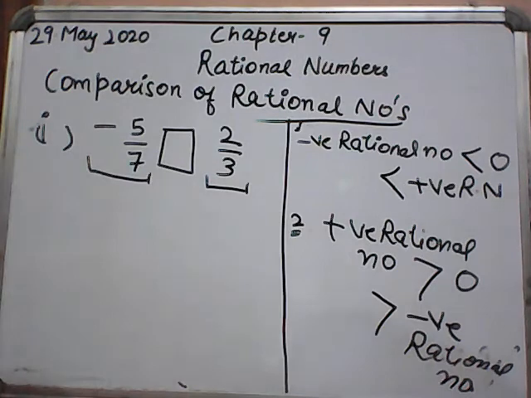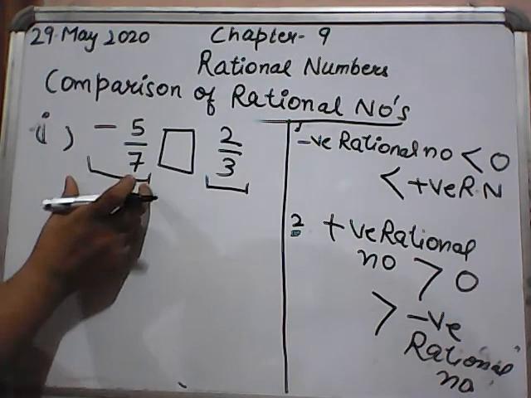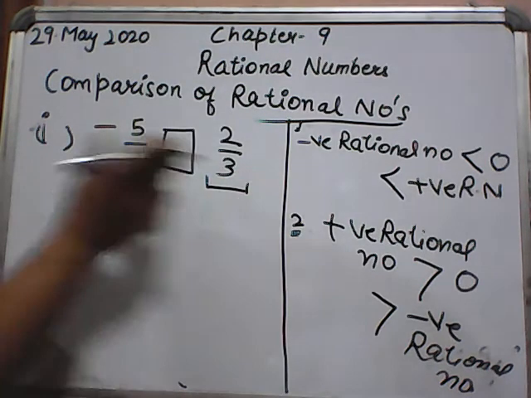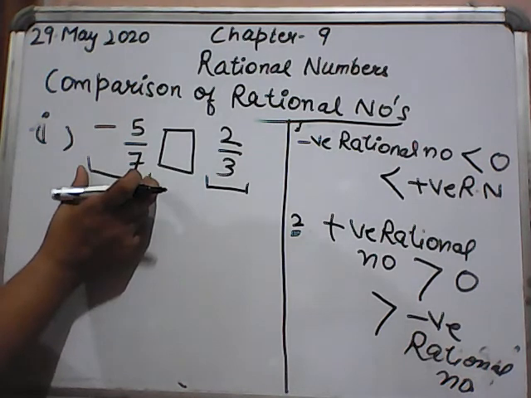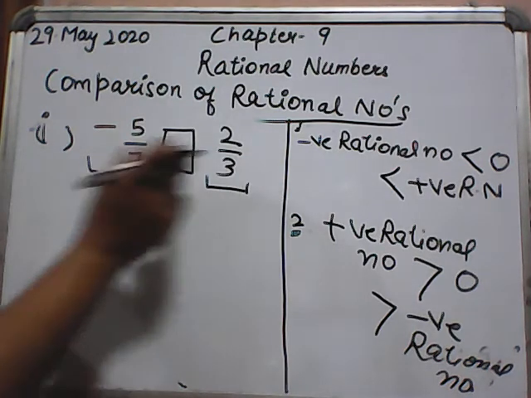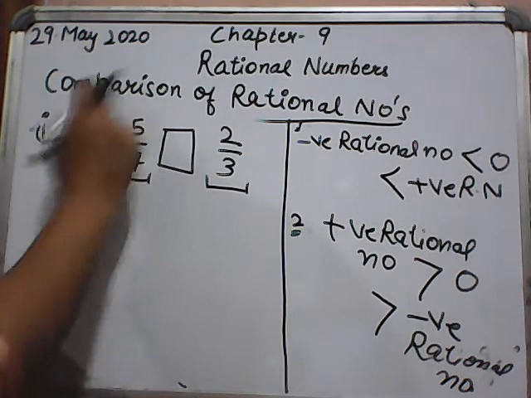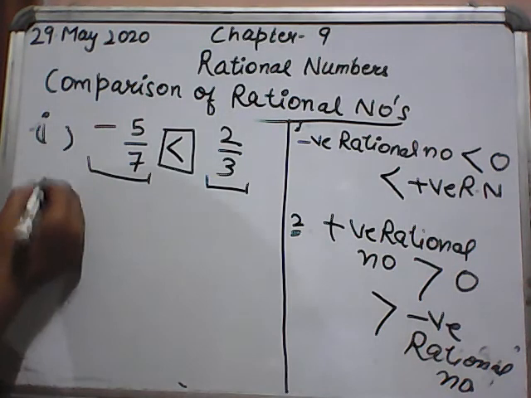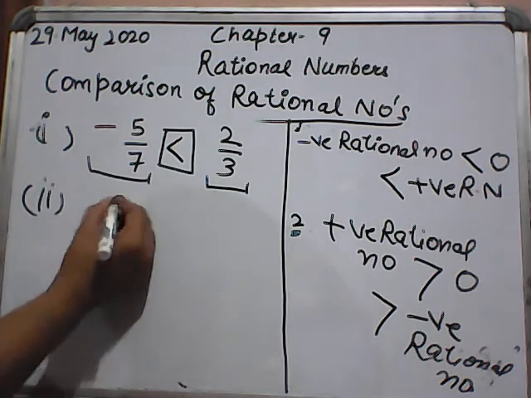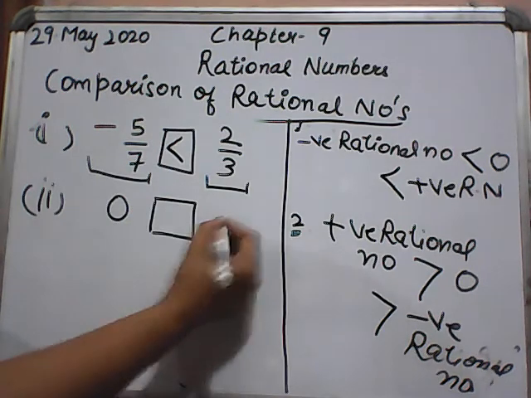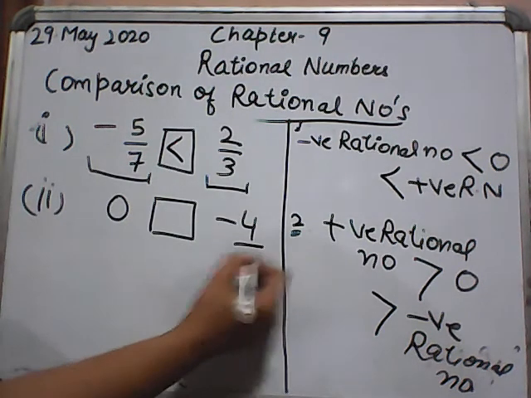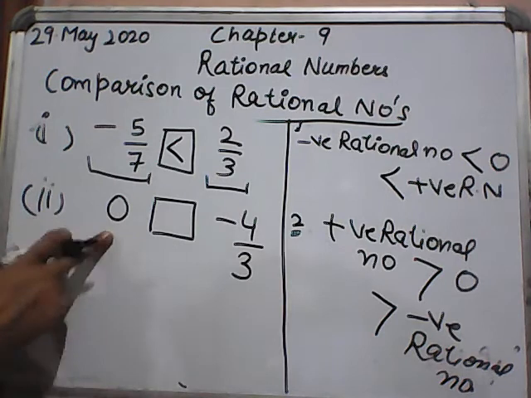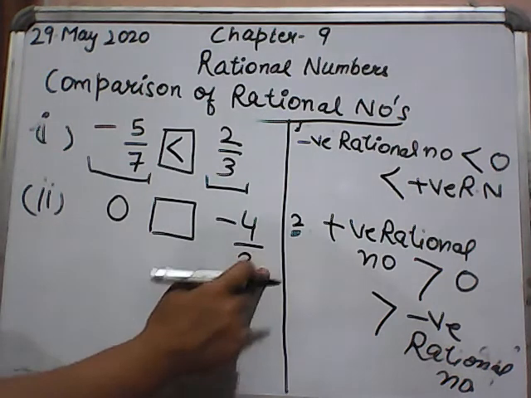Is it clear? Now, it is a negative rational number, and it is a positive rational number. A negative rational number lies to the left side of a positive number, so you can say a negative rational number is always less than a positive rational number. If I take 0 and another, minus 4 by 3, it is 0 and it is a negative rational number.